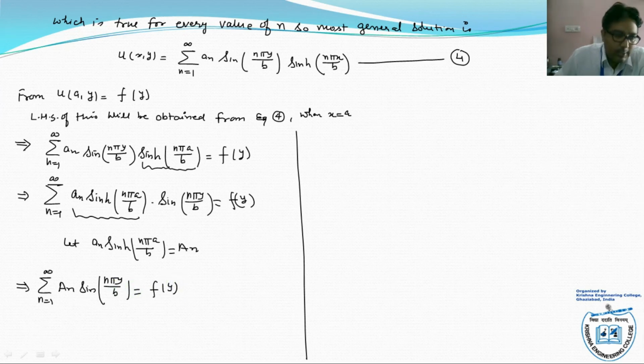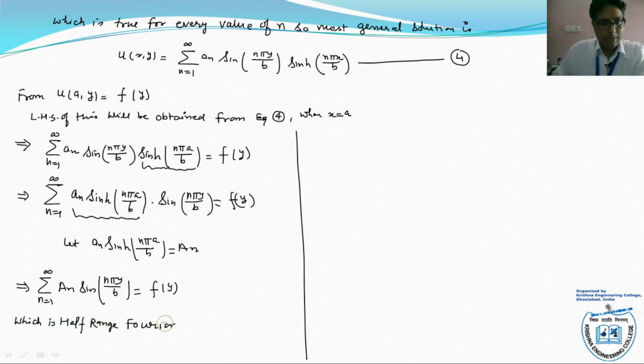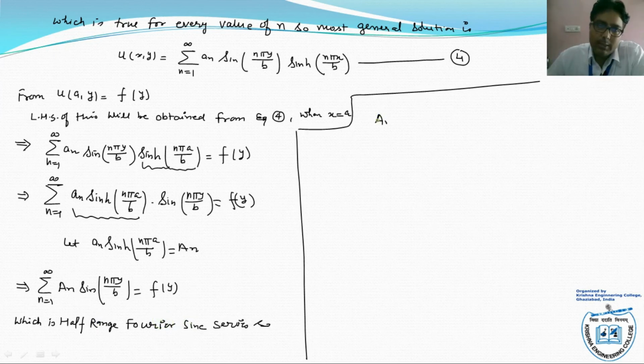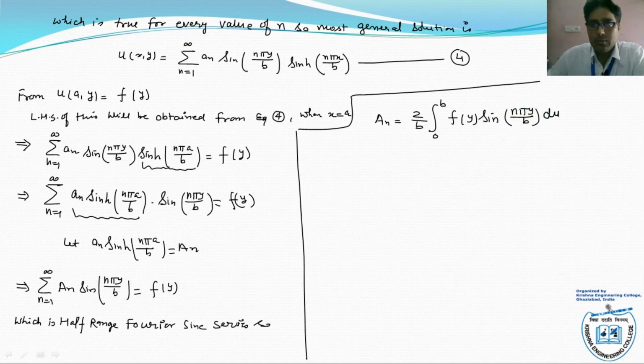Clearly we know that this is the half range Fourier sine series. So an is 2 upon b limit 0 to b f(y) into sine n pi y by b into dy. Put the value of an.